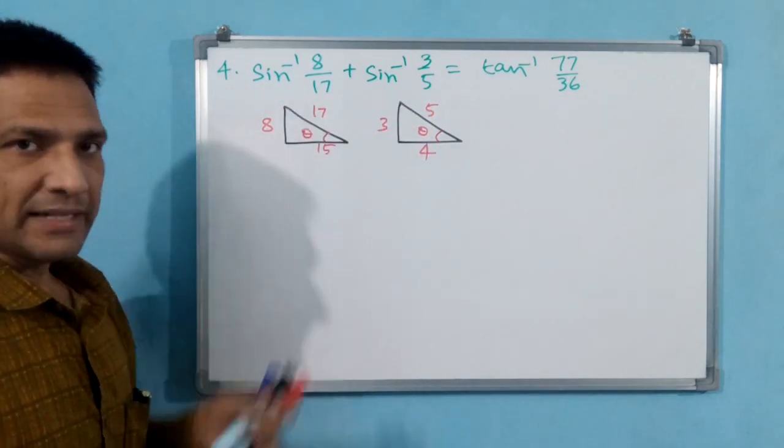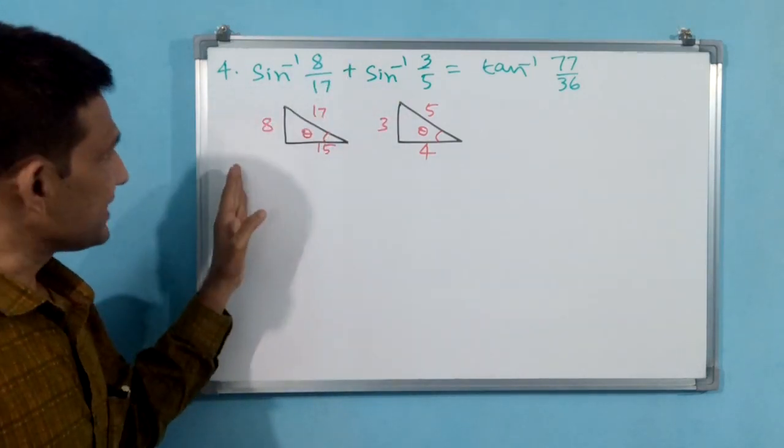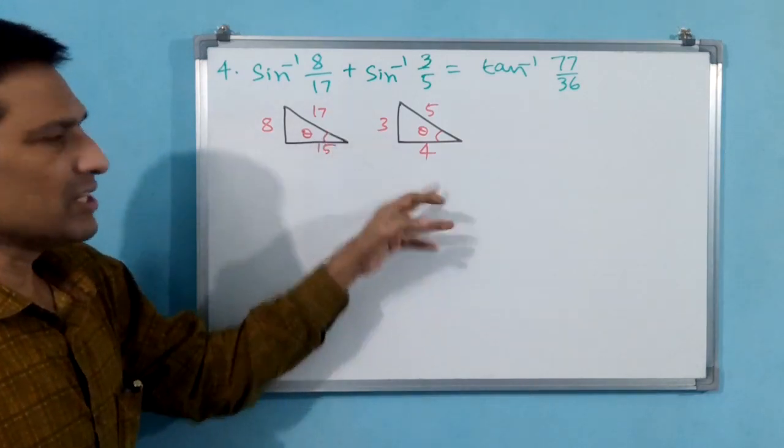Now you got all these two, then you convert into tan. Here there is no 2 sine, directly sine. That means directly tan inverse 8 by 15 and tan inverse 3 by 4 you have to write.